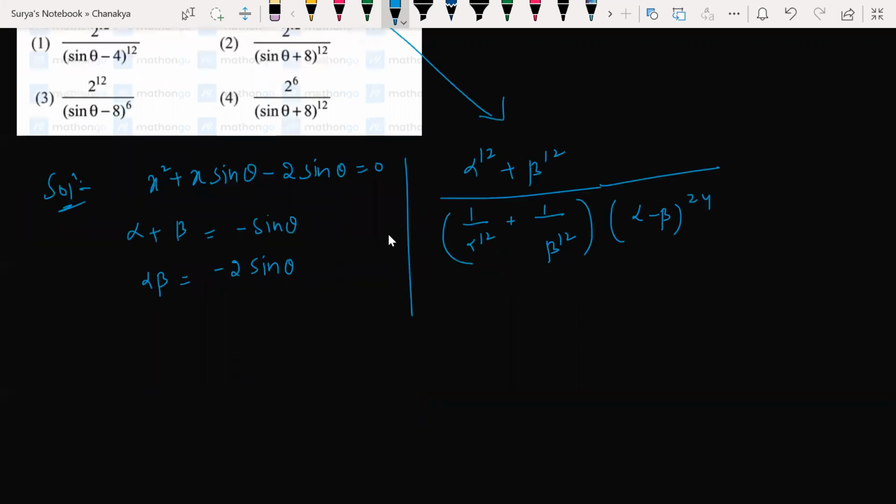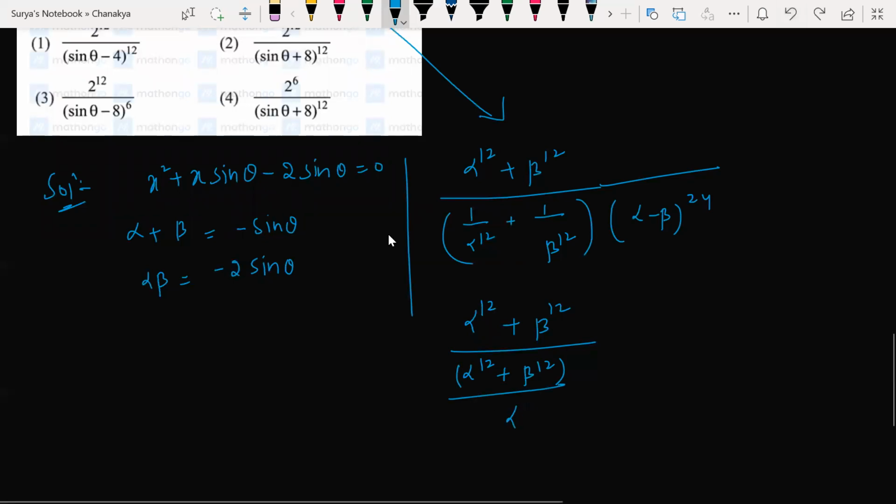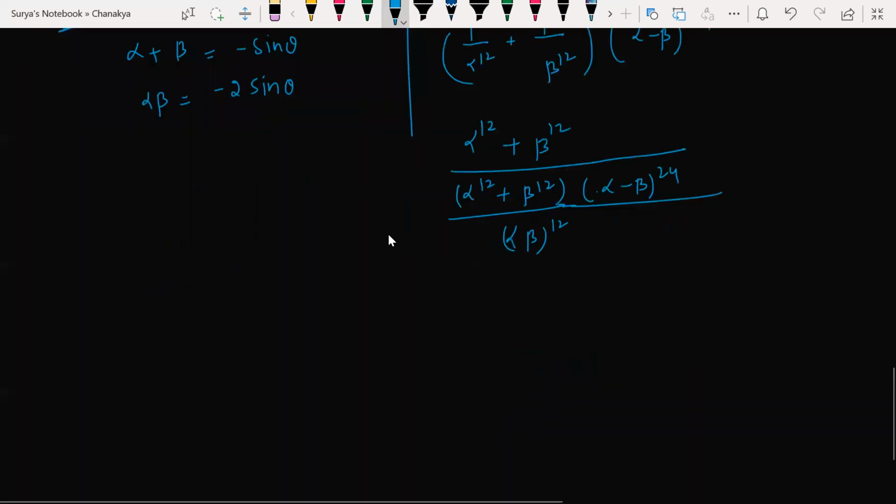So now alpha to the power of 12 plus beta to the power of 12 divided by alpha to the power of 12 plus beta to the power of 12 over alpha to the power of 12 into beta to the power of 12. Can I simply write this as alpha beta whole to the power of 12? You understand my point how I'm writing here? Alpha minus beta whole to the power of 24. Children, are you guys able to understand or not?